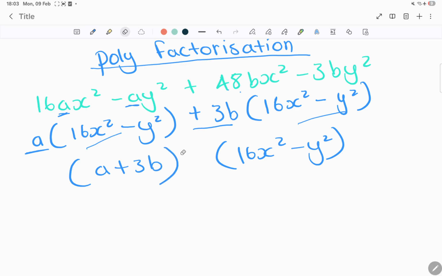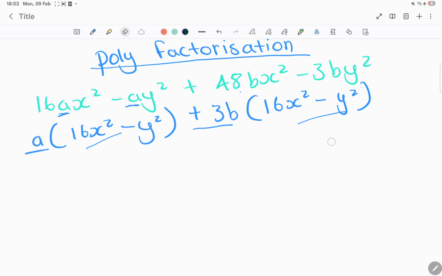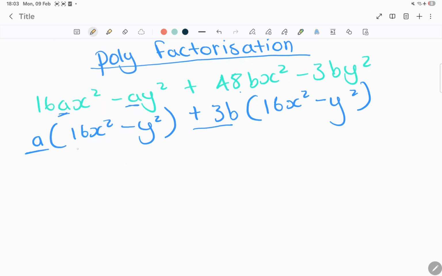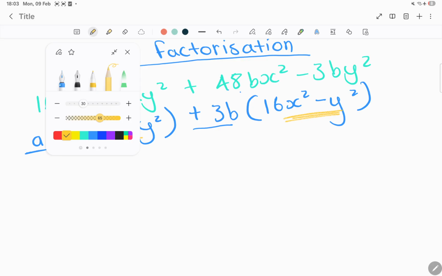This would be our final answer. Let me just write it neatly for us to see what's going on. Notice, like I said, this thing right here and this thing right here, they are the same. So there's no need for us to write it twice. That's the purpose of factorizing. Just group things. If you are the same to me, let's be together and be merry and be jolly, right?